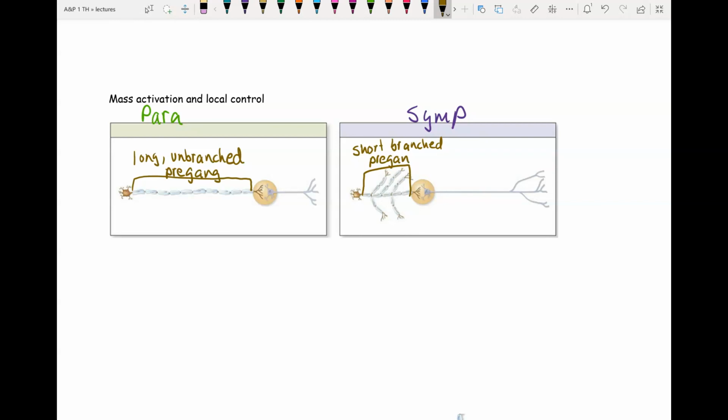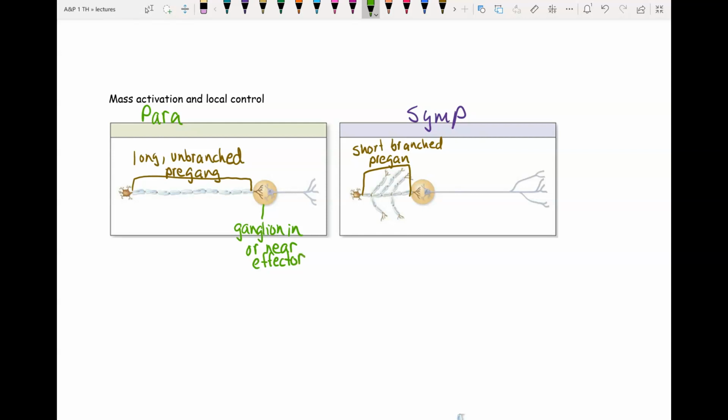In parasympathetic, because the preganglionic is so long, you end up with the ganglion in or near the effector. So you have 2 types of ganglion.